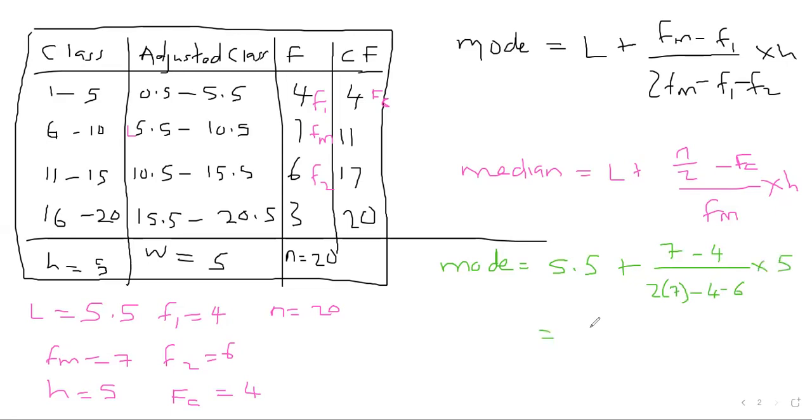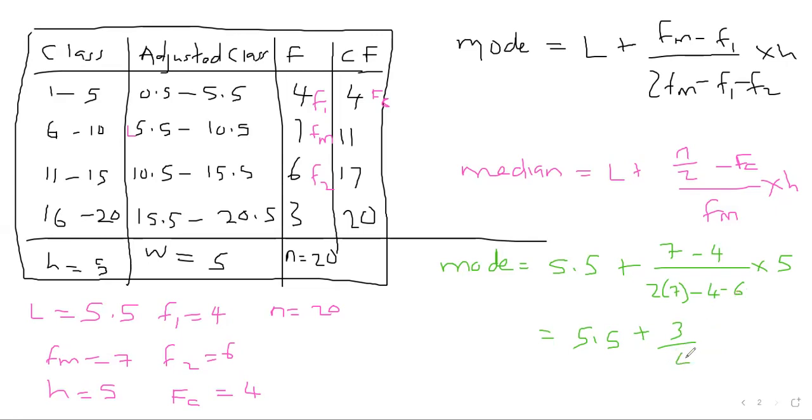So this is 5.5 plus 3 over, 14 minus 4 is 10, 10 minus 6 is 4.